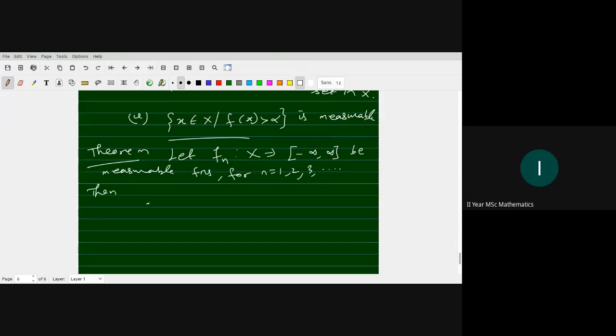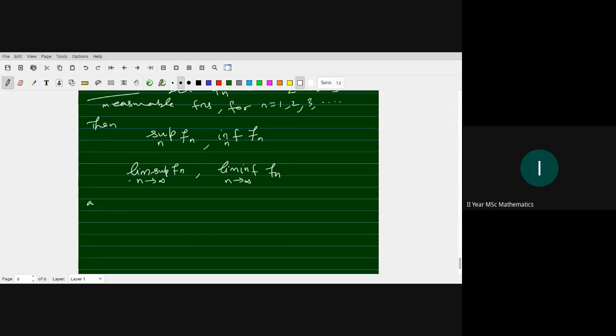First one: the supremum of f_n, the infimum over n of f_n, the limit as n tends to infinity of the supremum of f_n, that is, the limit supremum of f_n, and the limit infimum of f_n. These four functions are measurable.